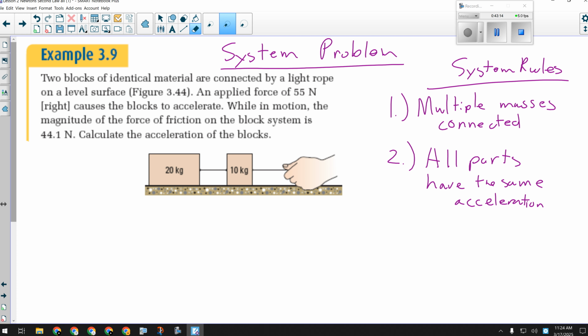Are the individual forces the same? I'm pulling directly on the 10 kilogram mass. Is the tension in this rope the same as the tension in this rope?